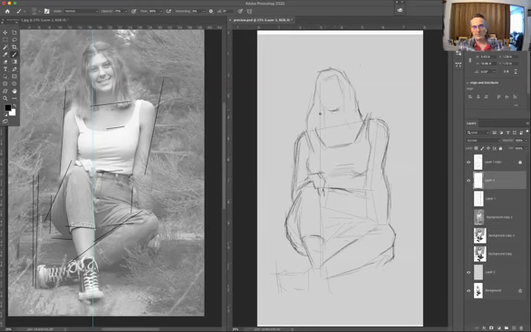Hopefully the proportions, my head looks a little small compared to the rest of the body, but I'm not sure. I'm having trouble seeing it right now. I think so. I'm going to make an adjustment.